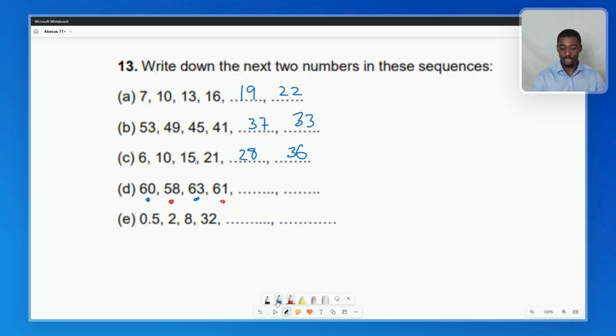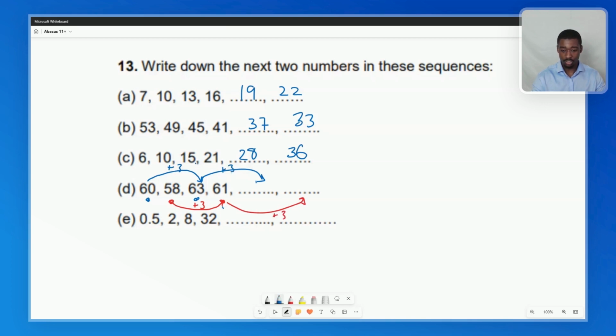So here, the relationship is 60 to 63 because we're adding 3. And then we have 58 to 61. Again, we're adding 3. So now we can continue this pattern to find both our numbers. Plus 3, plus 3.